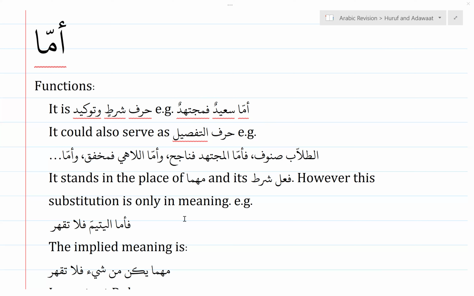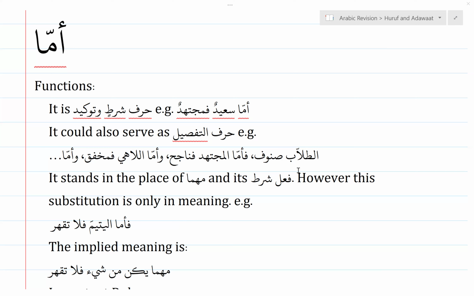It could also serve as harf of tafsil. I think this is something that Sakina mentioned yesterday. Now, what does it mean, harf of tafsil? It essentially just means when you have so many things that you are explaining. So for example, in the example I've given here, الطلاب صنوف.